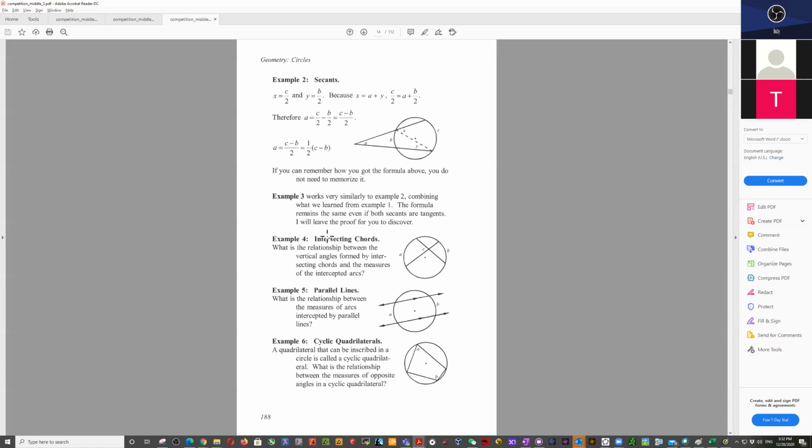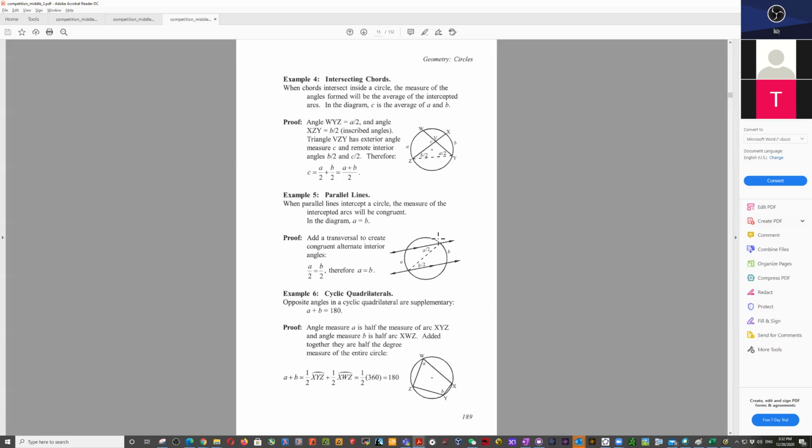This is the parallel line case. Two parallel lines will intercept the same arc. So arc A and arc B, intercepted on the circle by parallel lines, will for sure be equal. It's actually quite easy to prove. For the proof, you just connect from here to here.